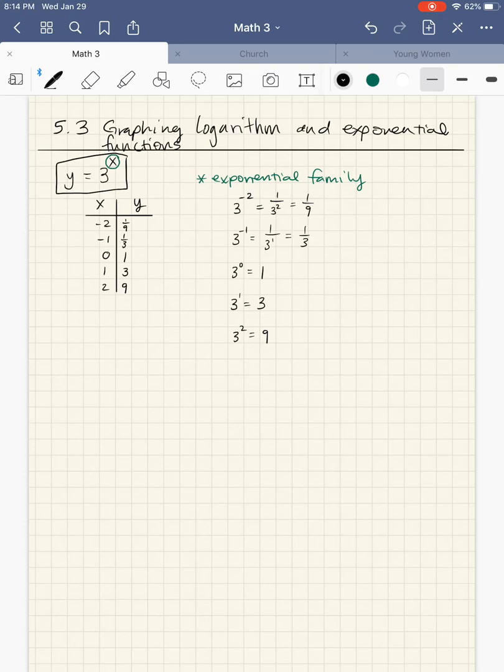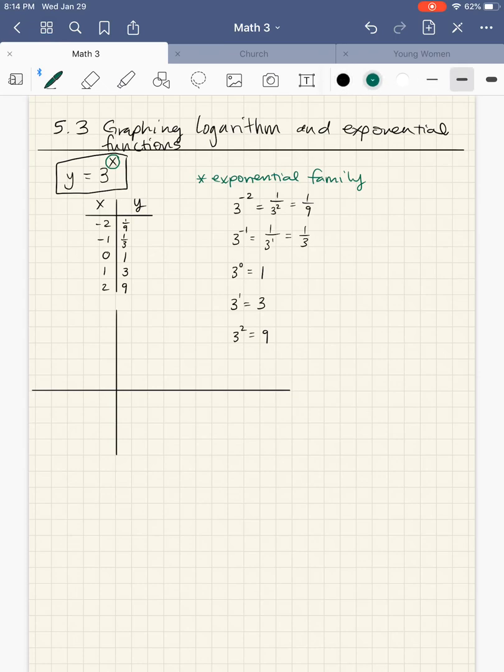So these ordered pairs can be used to create our graph. So let's create a little graph here. Let's see, 1, 2, 3, 4, 5, 6, 7, 8, 9. I think that'll be good. So let's plot these points.